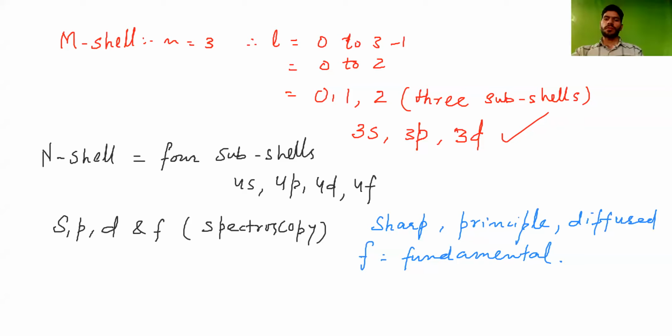Okay, sure. So next, you will remember that this azimuthal quantum number is also known as the angular momentum quantum number. Why? Because with the help of this quantum number, we can also calculate angular momentum, that is actually known as orbital angular momentum.